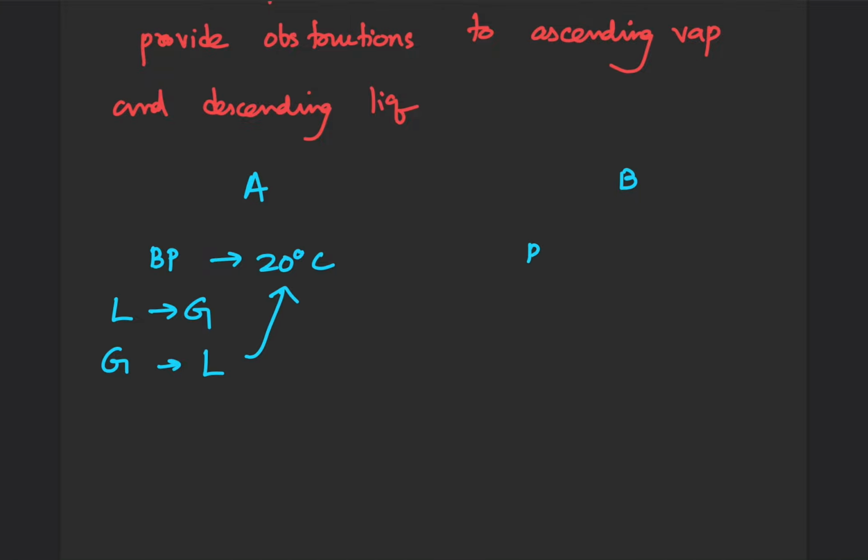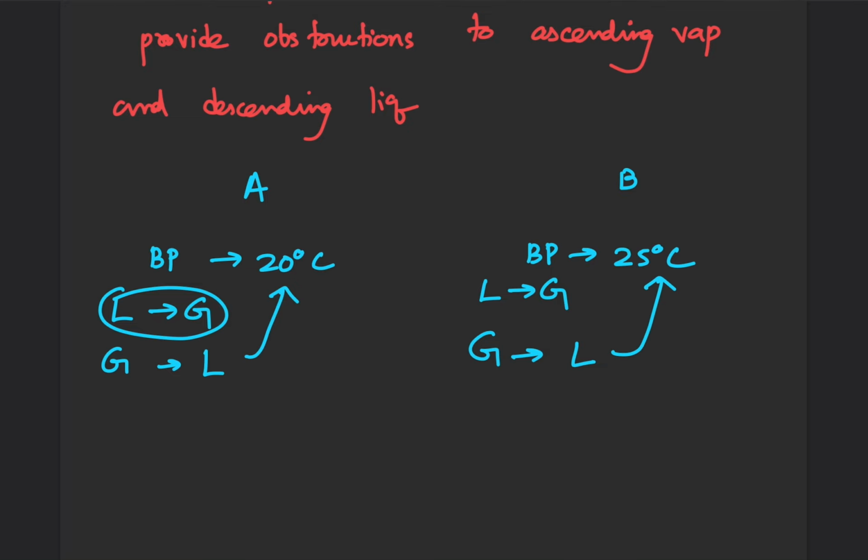For B, let's say the boiling point is 25 degrees Celsius. At boiling point, the liquid changes into gas, and the gas will change into liquid at the same temperature of 25 degrees Celsius, right? And clearly A is more volatile and B is less volatile.